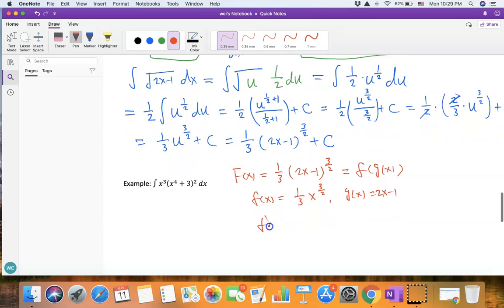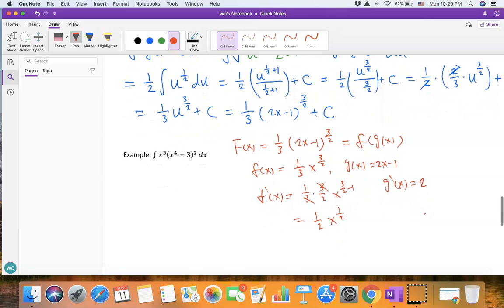The derivative of the outer function is 1 over 2 times x to the power of 1/2, and the derivative of the inner function is just 2.